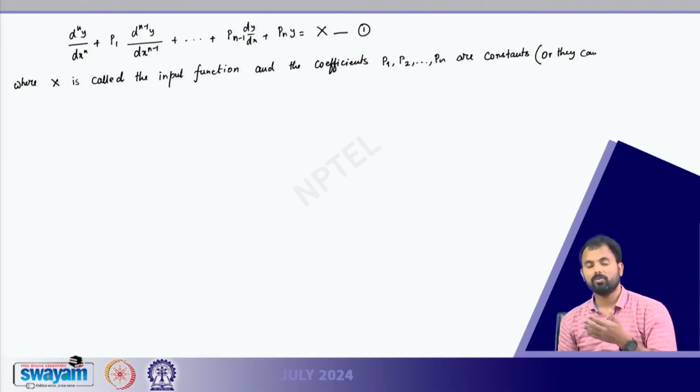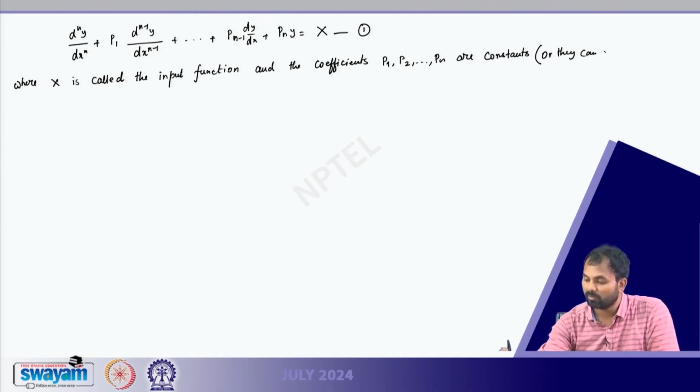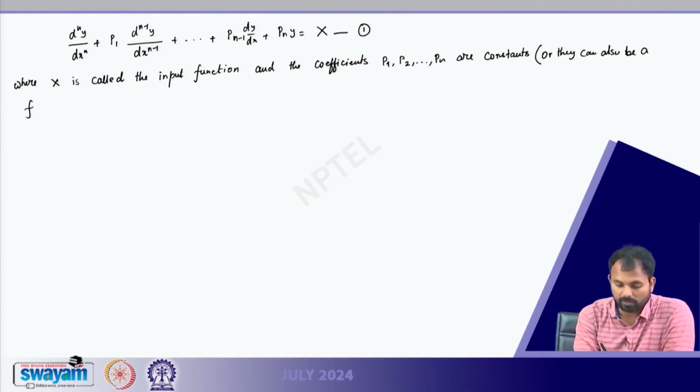For the next two lectures I will devote time to constant coefficients, then I will look at variable coefficients. So they can be constants or they can also be functions of x, that is why I am writing it in brackets, they can be functions of x only.